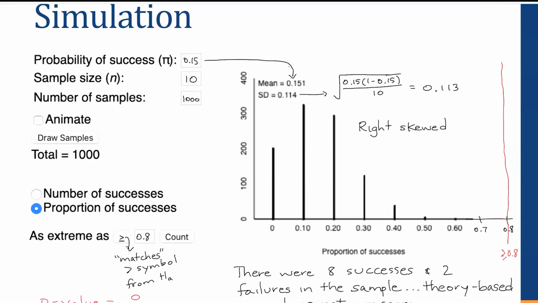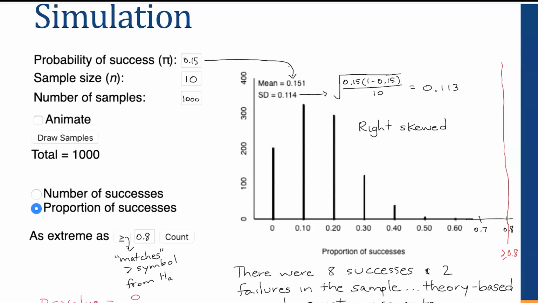So note to self, when somebody asks you, is it appropriate to use a theory-based approach, rather than just saying yes because there are at least 10 successes and 10 failures in the sample, or no because there weren't at least 10 of each, you should actually say how many of each were there. There were 8 successes and 2 failures in this sample, so it wouldn't be appropriate to use a theory-based approach.